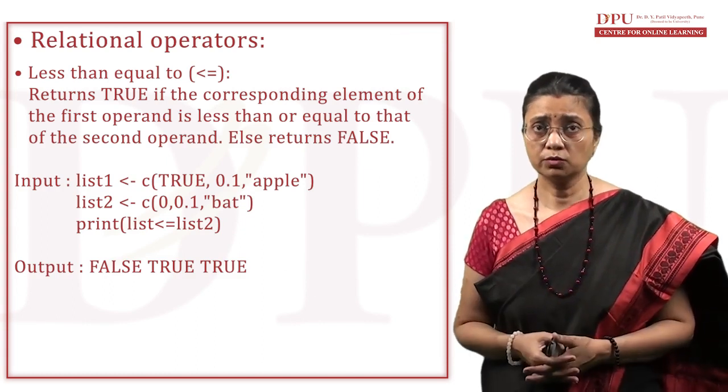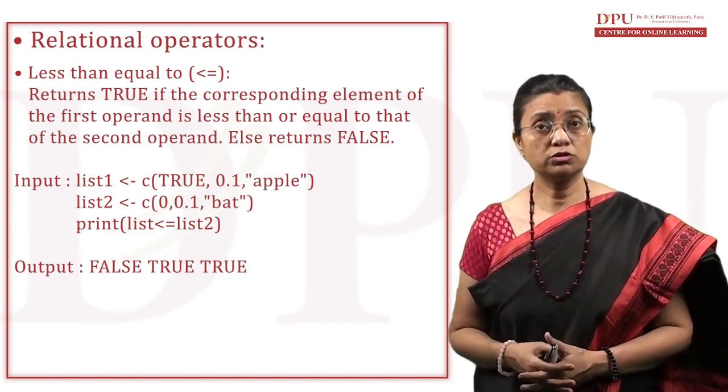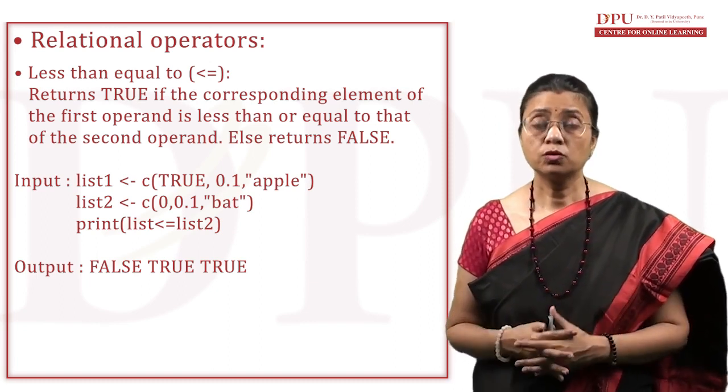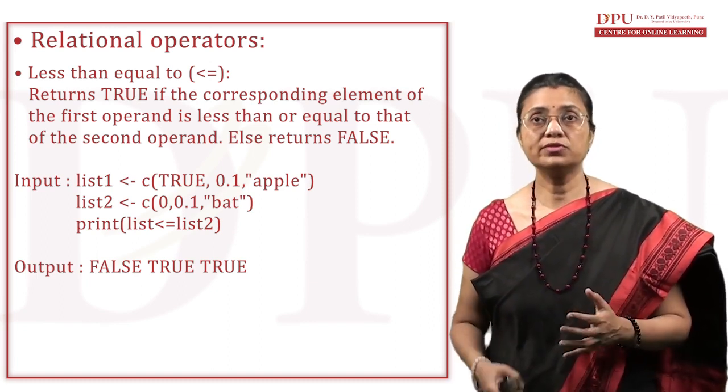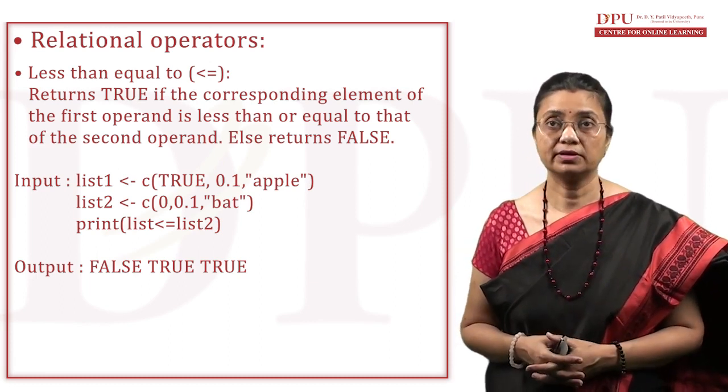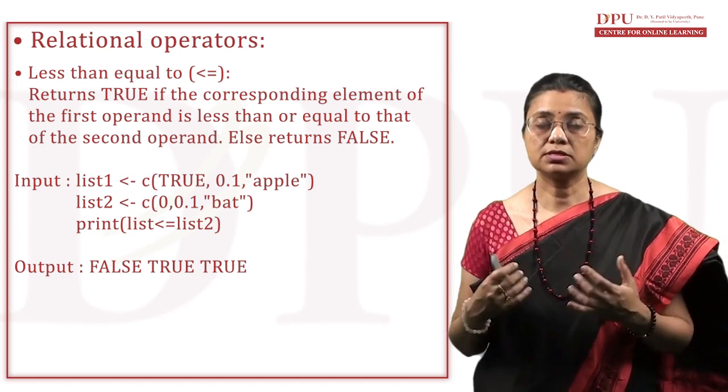So now we all know that less than or equal to is denoted by the symbol <=. It returns true if the corresponding element of the first operand is less than or equal to the second operand. Else it will return false.